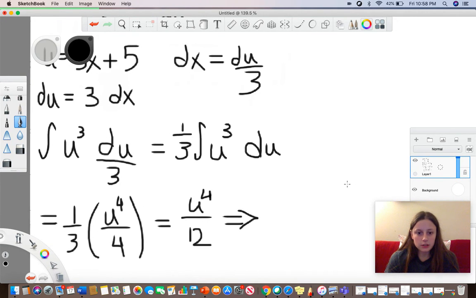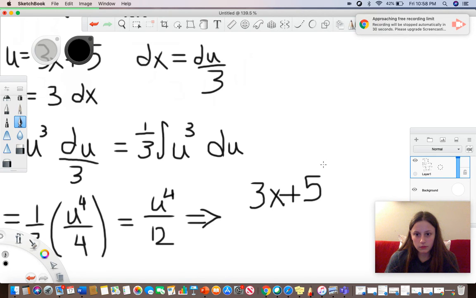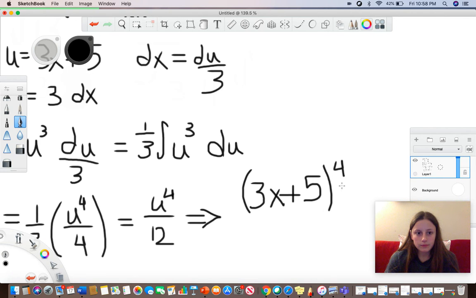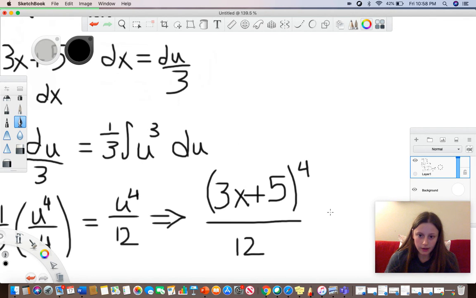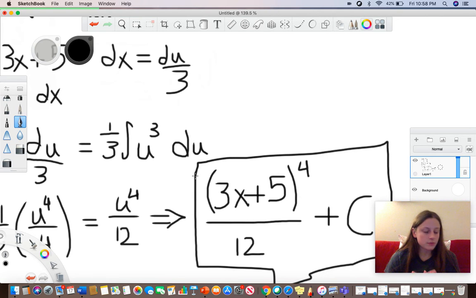So it's actually 3x plus 5 to the 4th divided by 12. And then last but not least, do not forget to put your plus c on the end. And then this will be your final answer. And that's how you do U substitution on a simple problem.